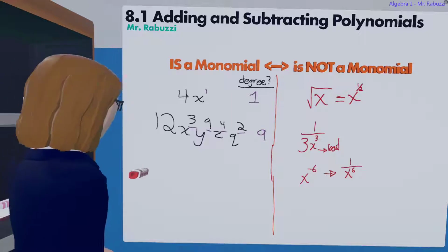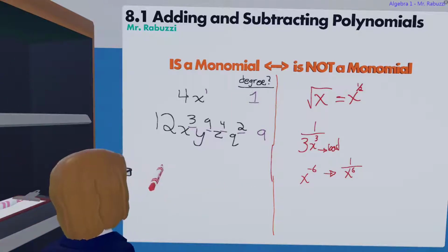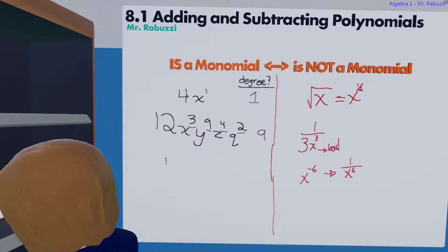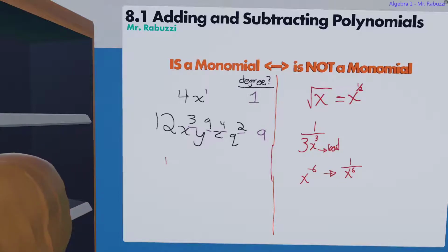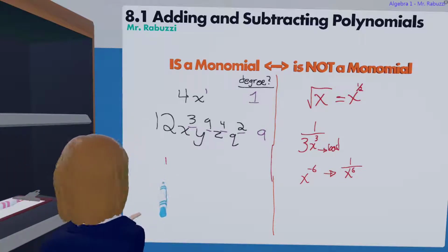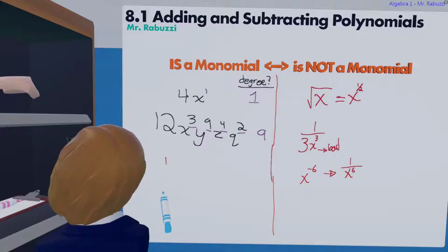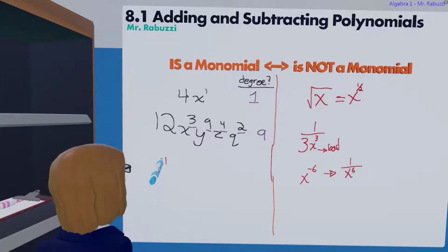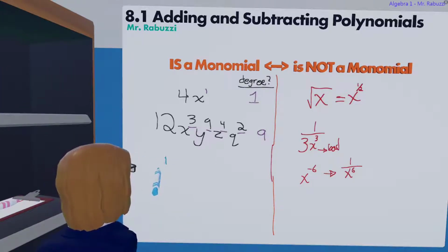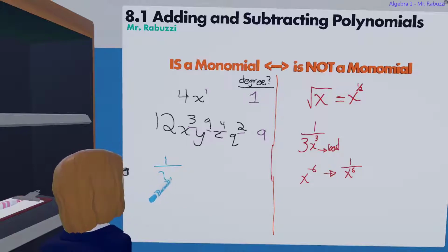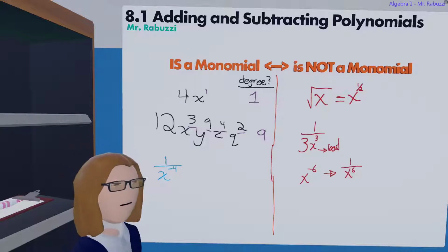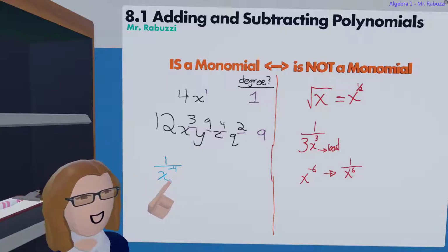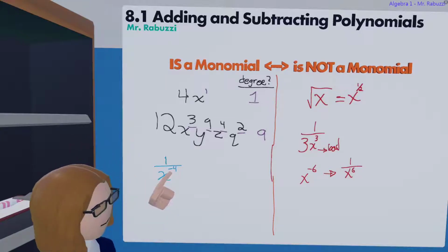Sometimes, like this, what if I start with, no, not red, let's use blue, because this is actually a surprise. It really works as a monomial. So what if I have 1 over x to the negative 4? Well, you say, uh-oh, I know that's not, because it's got a negative 4 exponent.